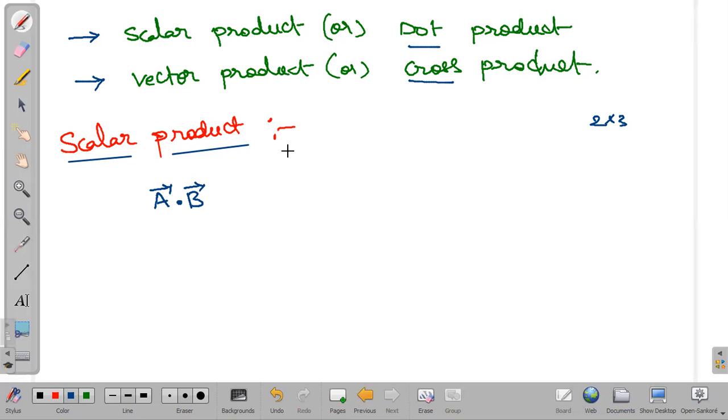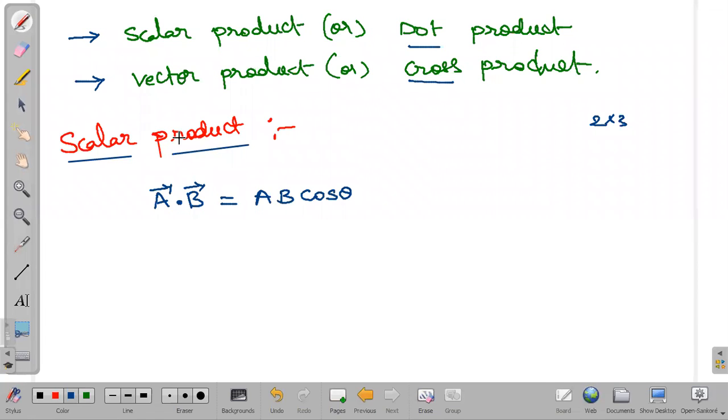Okay. Now, A bar dot B bar is equal to, we will write it as magnitude of A, magnitude of B, and cosine of the angle between the given two vectors. What are the given two vectors? A and B. Okay. So how the two vectors are aligned will also be taken into consideration when we are taking a product, whatever product it may be.